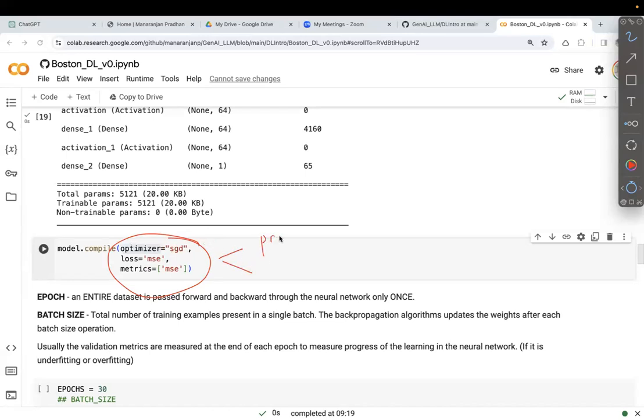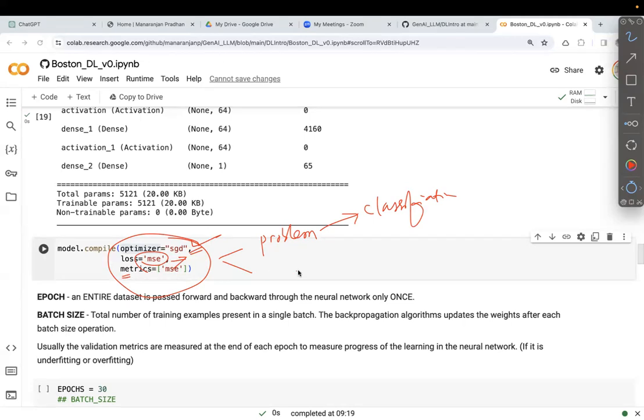One is what problem you are solving. For example, if you're solving a classification problem, to classify whether this is positive or negative, or churn or not churn, fraud or not fraud, then your loss function will change. The optimizer probably can be the same. Your loss function will be the cross entropy function.